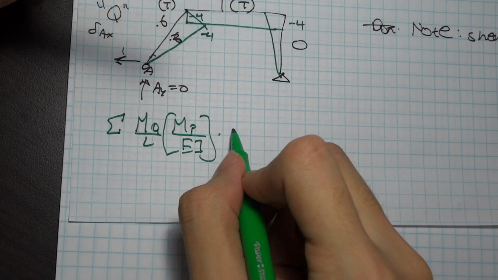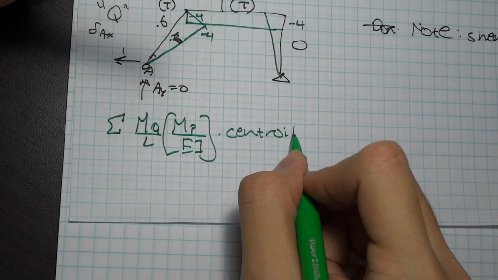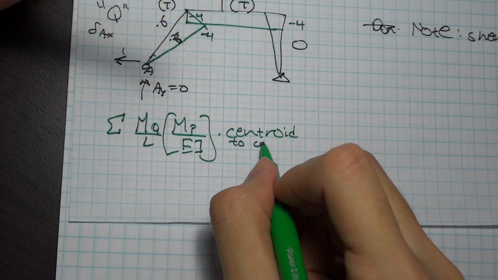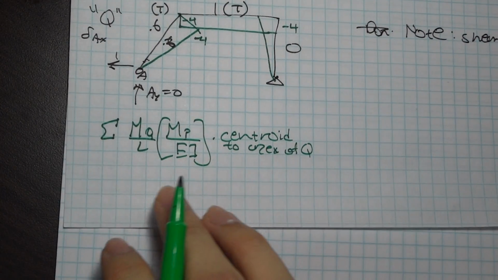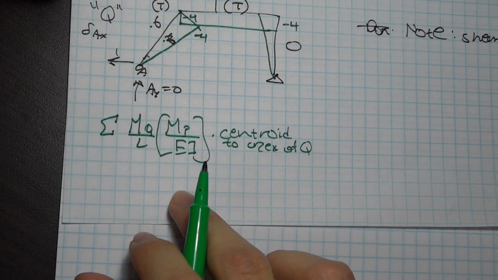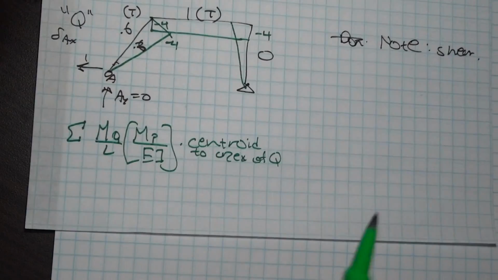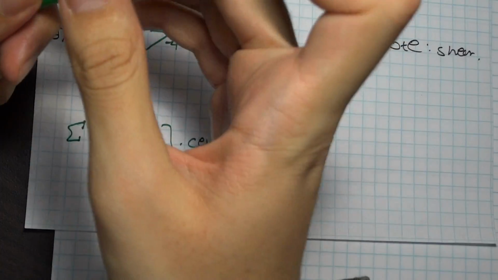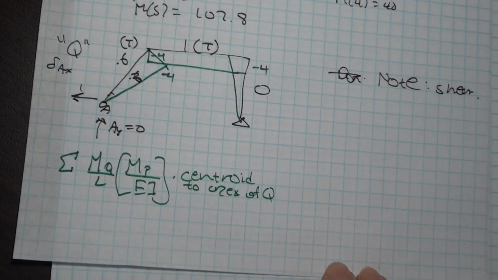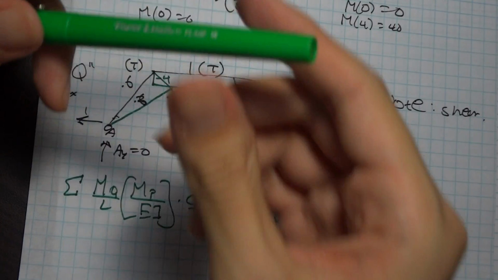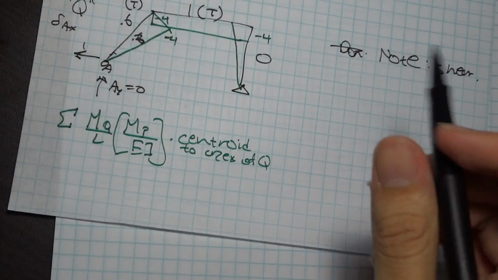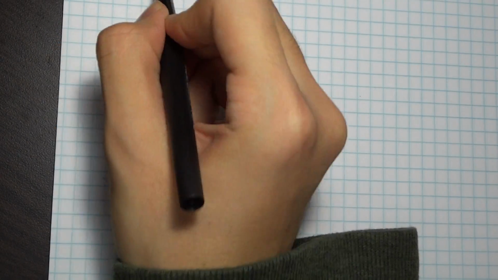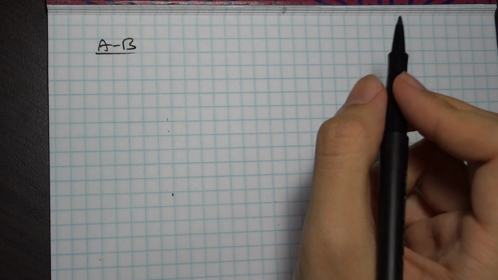This is area times centroid to apex of Q. I think the terms in here are causing some confusion, so I'm going to try and resolve that if I can. Let's look at section AB.